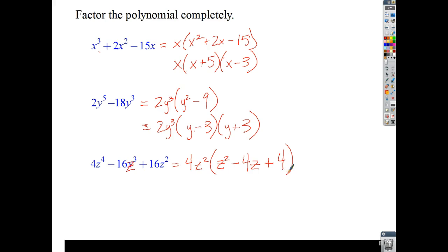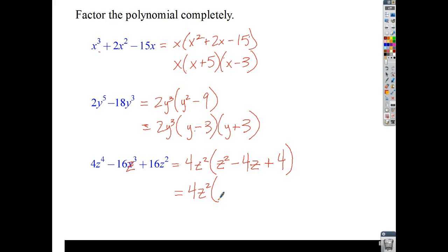All right, so I'm looking at this. Can I factor this anymore? See if you can factor that anymore. Okay, hopefully you see that middle portion and you can say that looks like a perfect square.